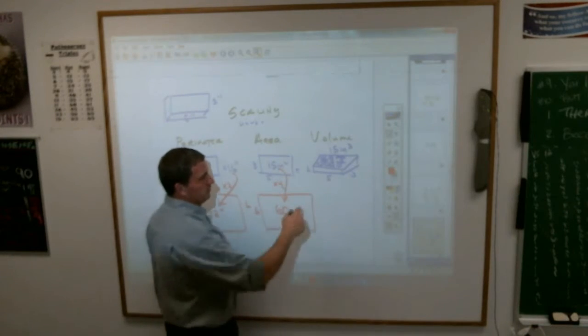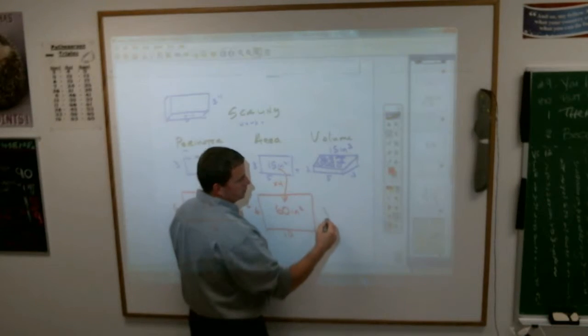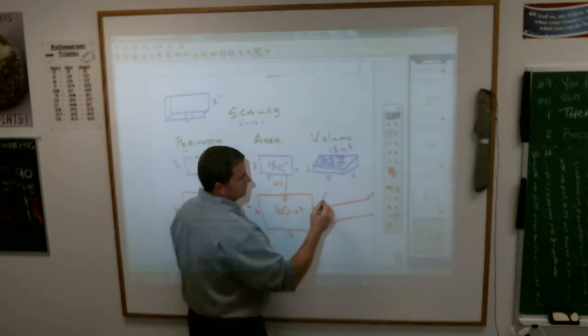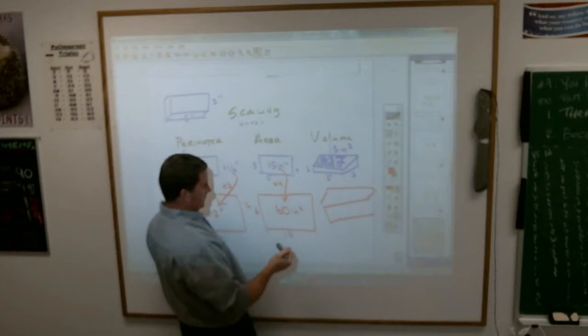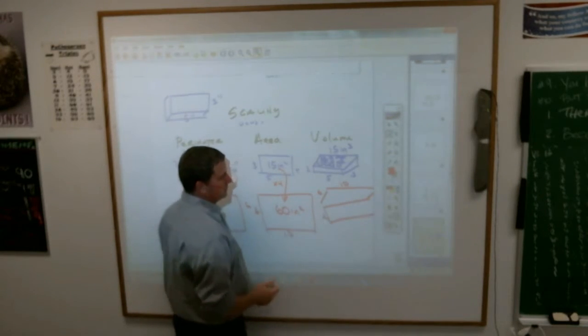And in my volume, if I double all those dimensions, I get a 2-inch high thing by 10 inches by 6 inches. This is 6 by 10 by 2.